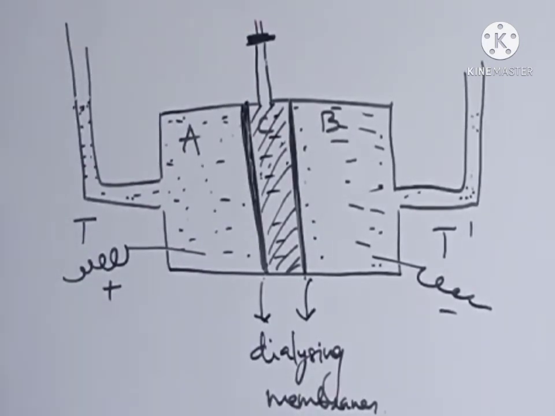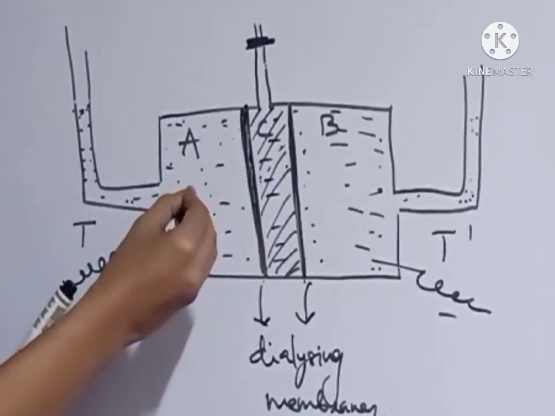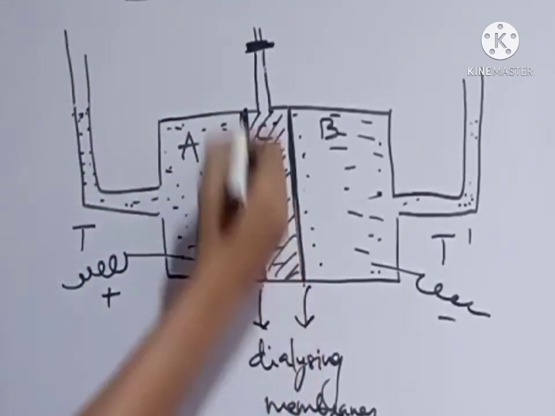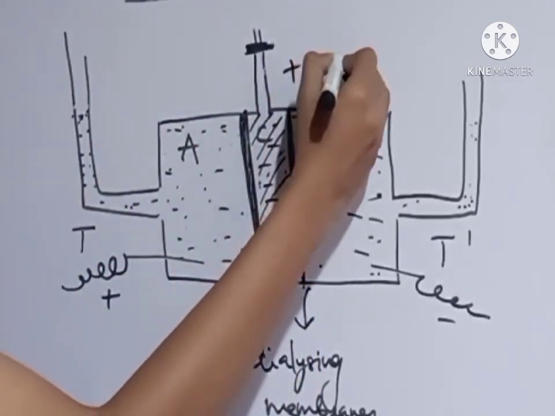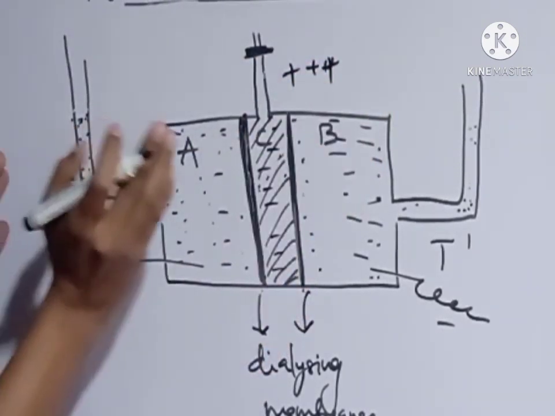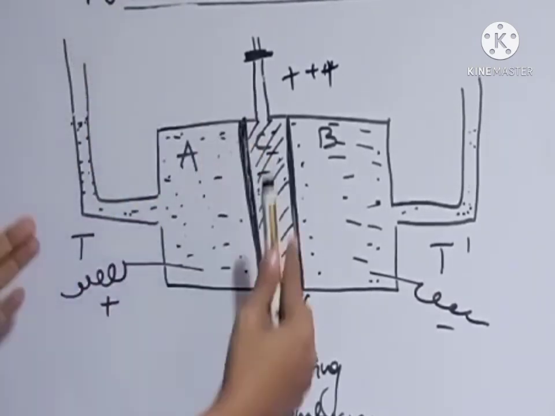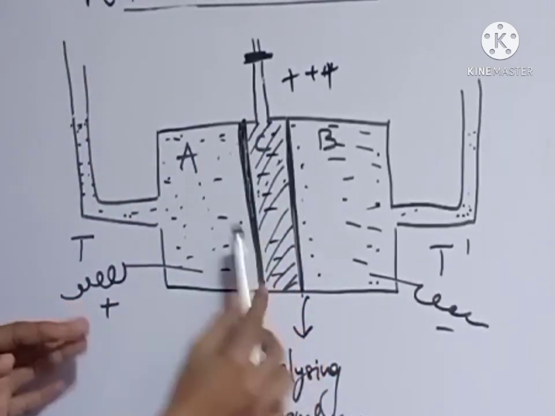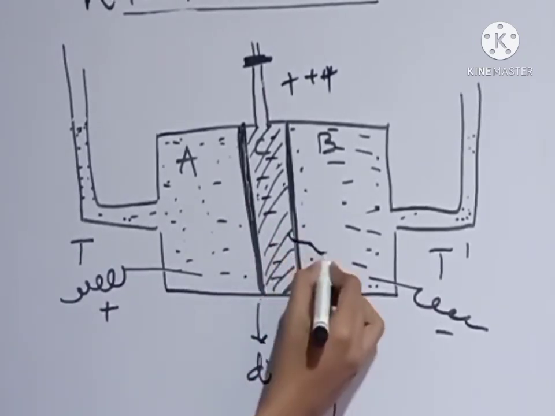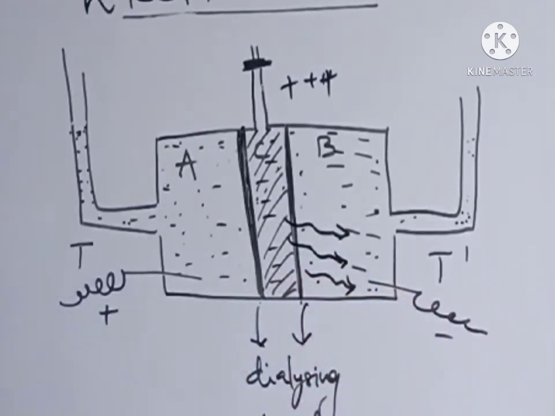If the dispersed phase is negatively charged, certainly the dispersion medium will be positively charged. So the positively charged medium will move towards the negatively charged region.